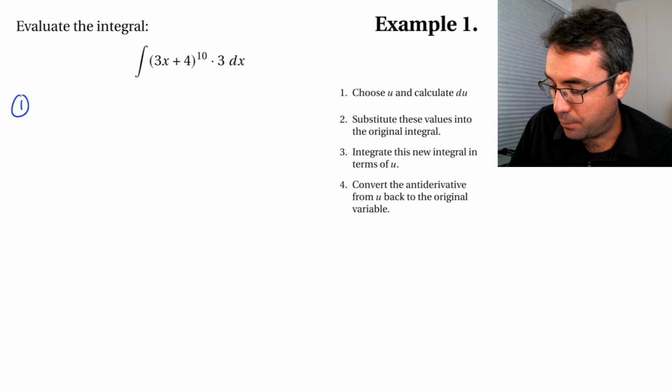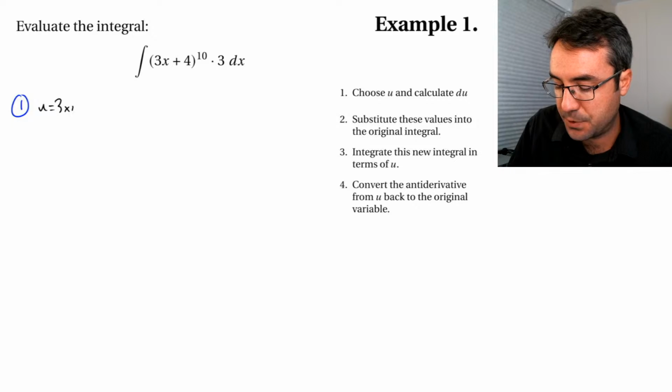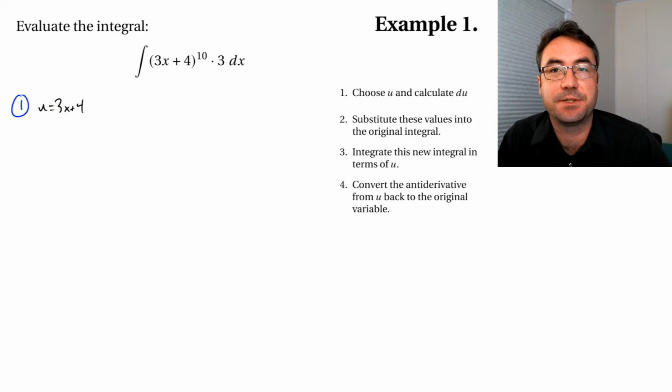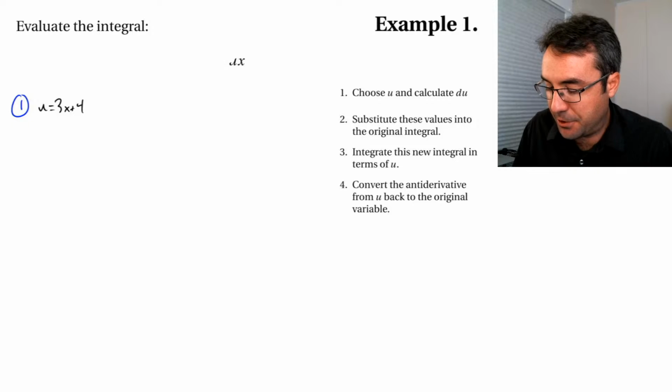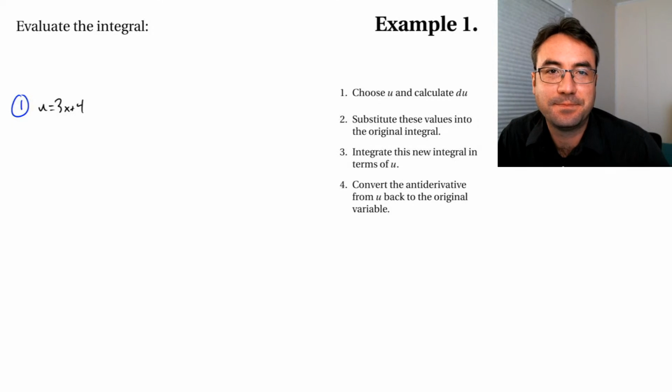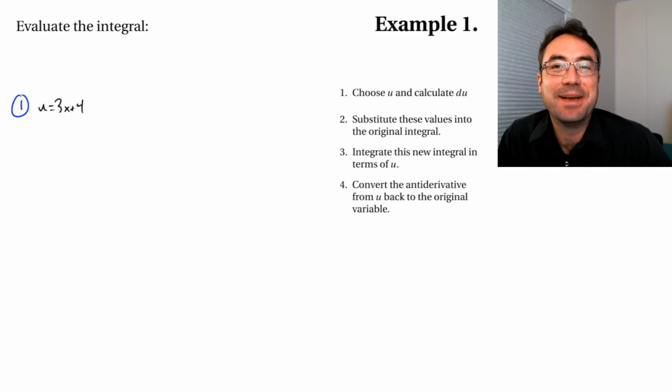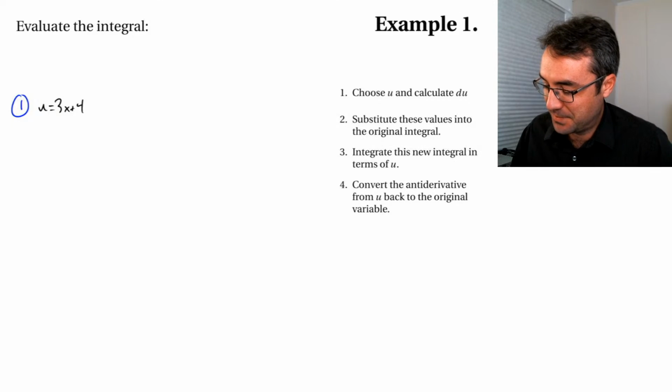So that's step one. We're going to let u in this example be 3x + 4, since it shows up inside those parentheses. Once we choose u, we calculate du. Forget about your integral for a second, and let's calculate du.